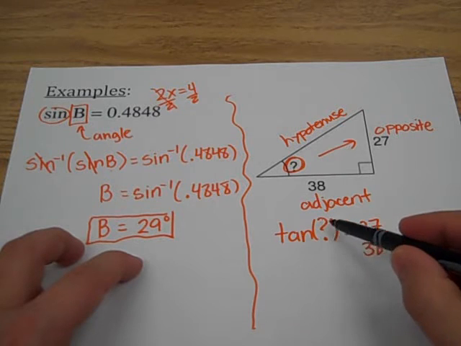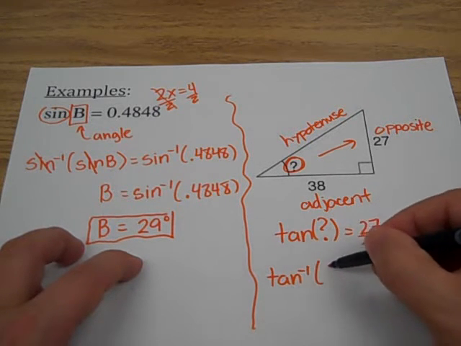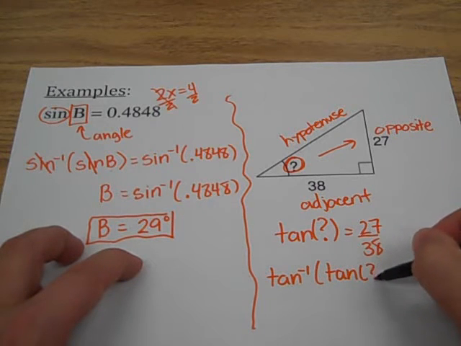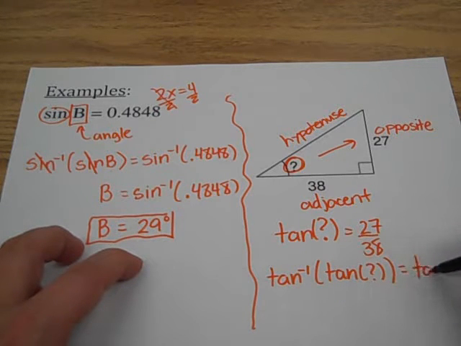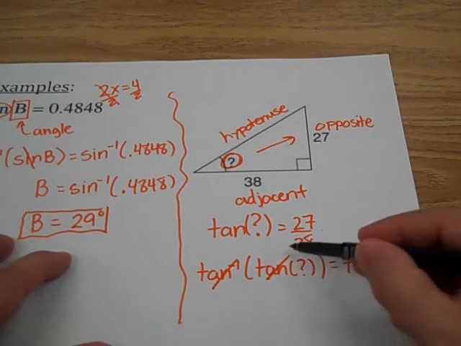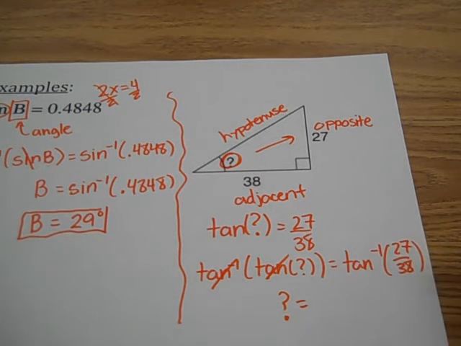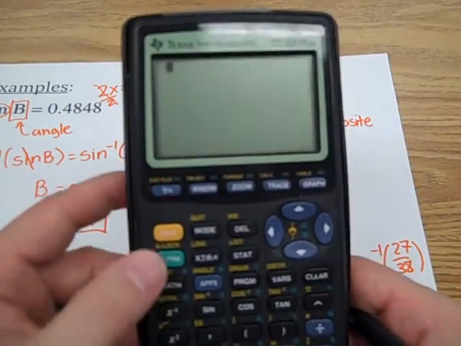And now to solve for question mark, I'm going to do tangent inverse on both sides. When I do that, the tangent inverse and the tangent cancel, and I get that question mark is equal to tangent inverse of 27 over 38, and I can do that on my calculator.